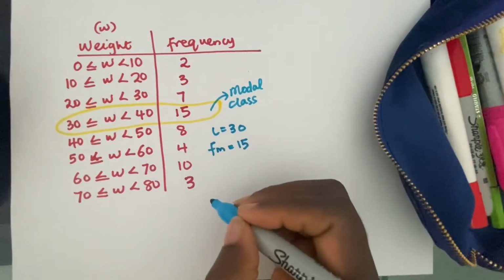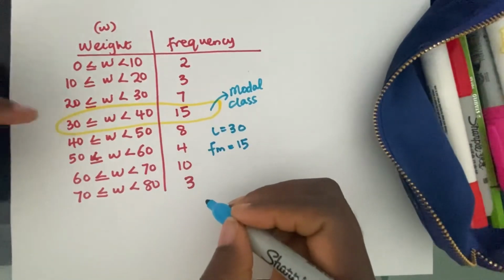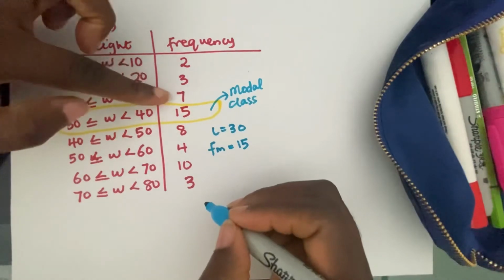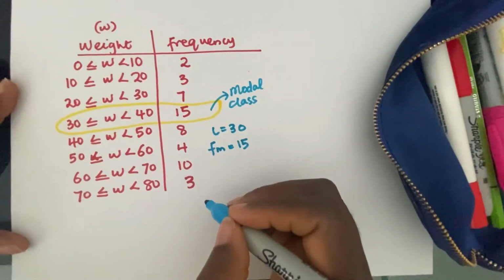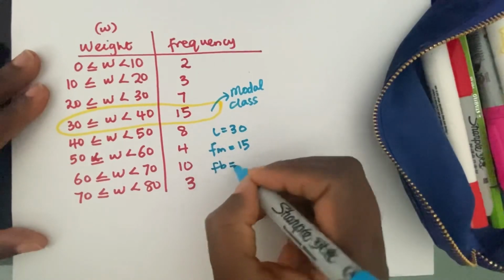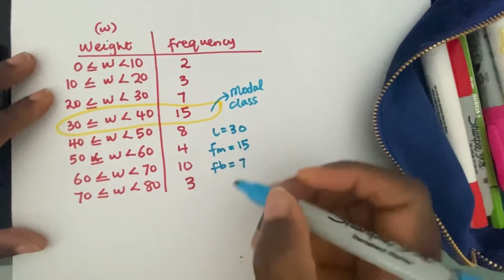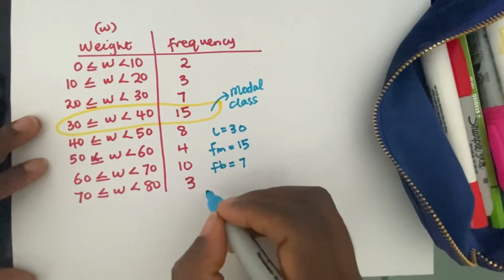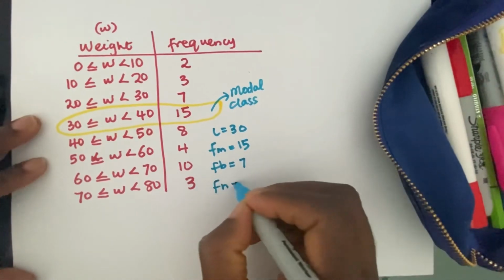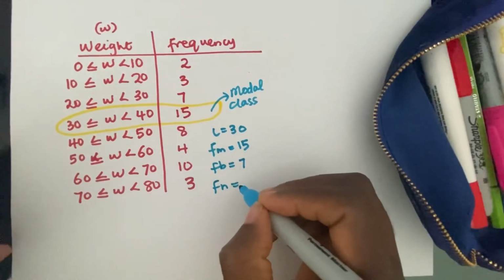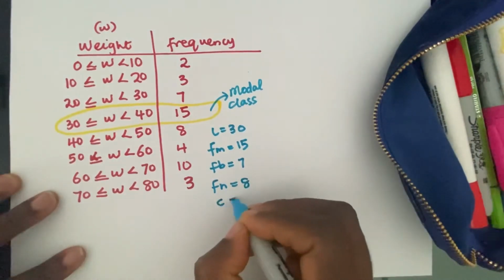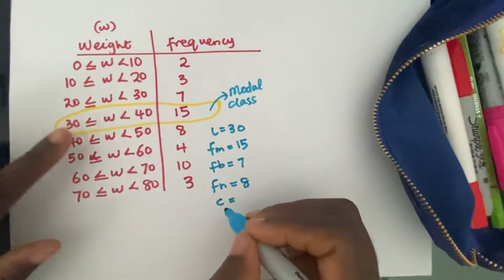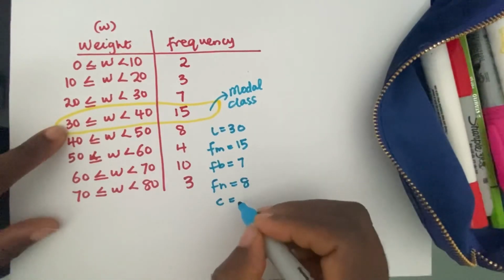Fb, the frequency of the class preceding the modal class, would be equal to 7, and Fn, the class succeeding the modal class, would be 8. And then C is just equal to 10, because 40 subtract 30 would be equal to 10.